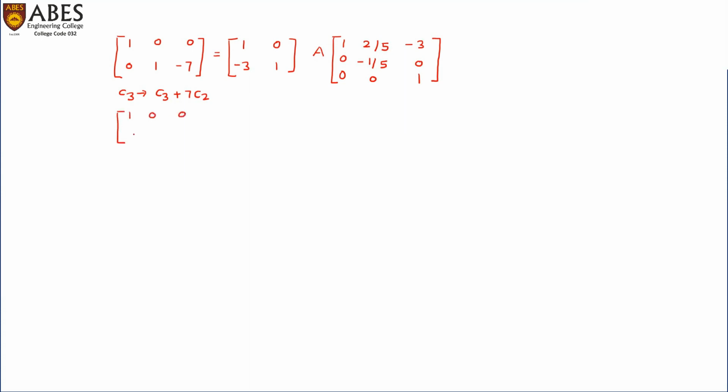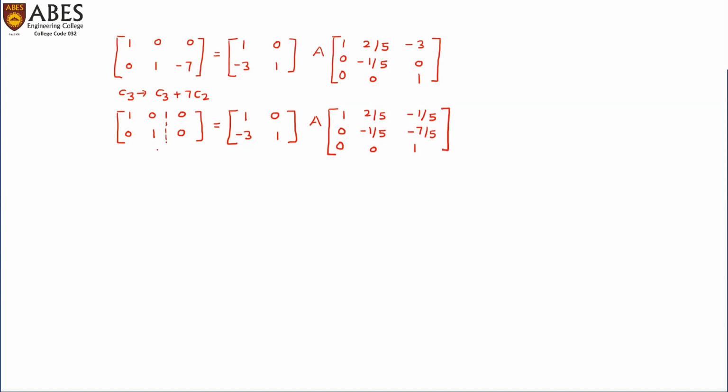This gives 1, 0, 0, 0, 1, 0, with pre-matrix 1, 0, minus 3 and 1, and post-matrix 1, 0, 0, 2 by 5, minus 1 by 5, 0, and 1, minus 7 by 5, minus 3 plus 14 by 5, that is minus 1 by 5, which is a normal form.